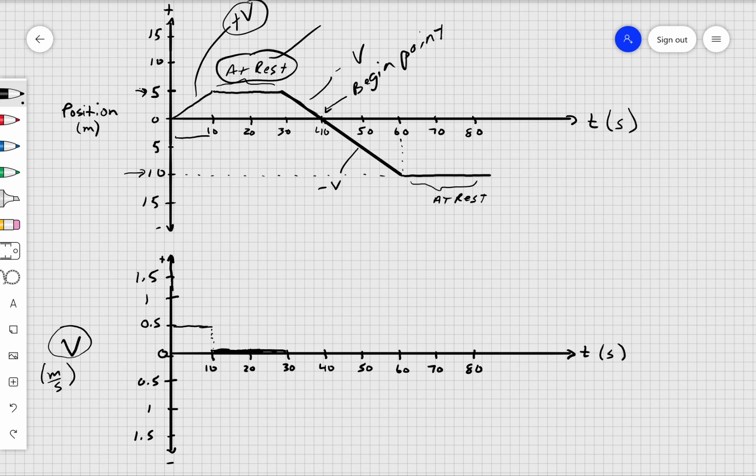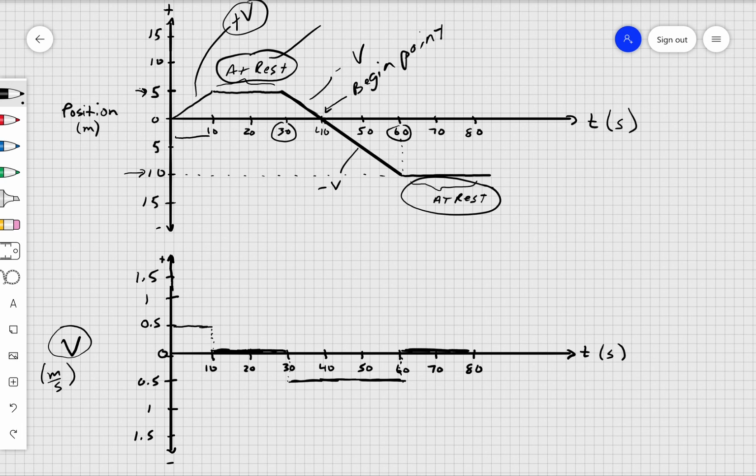And that is from 30 seconds to 60 seconds. So negative 1/2 from 30 to 60. And then we are back at rest for the last 20 seconds or so.